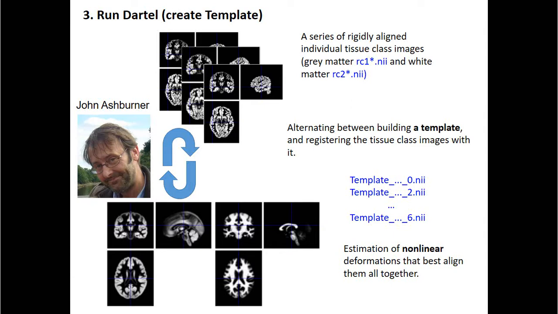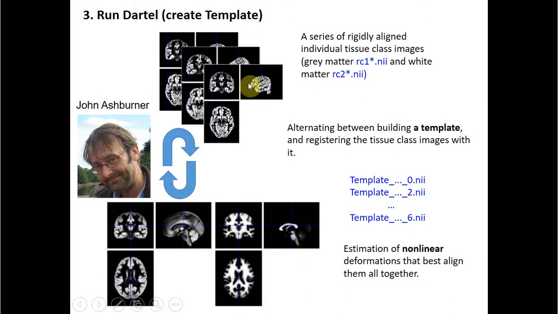Run DARTEL. This is the second longest procedure in this pipeline. What it does: it is going to use a series of rigidly aligned files, which are called RC1 something and RC2, gray and white matter.